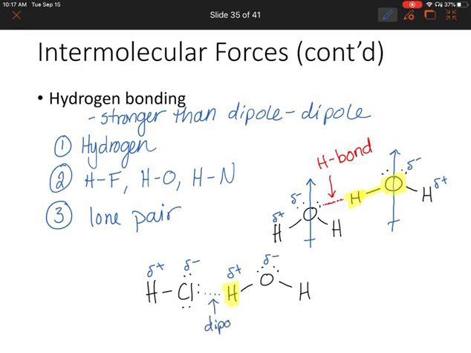It's only going to form a dipole-dipole interaction because chlorine is not one of our very electronegative atoms, fluorine, oxygen, or nitrogen. So that's just something to keep in mind. Hydrogen bonds only occur between hydrogen and fluorine, oxygen, or nitrogen.